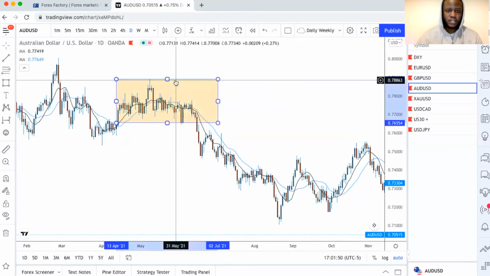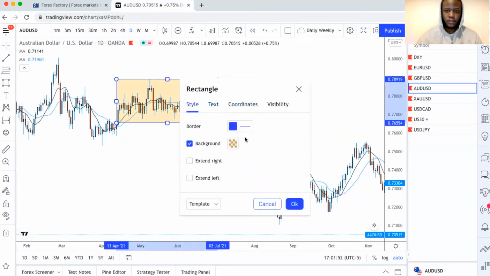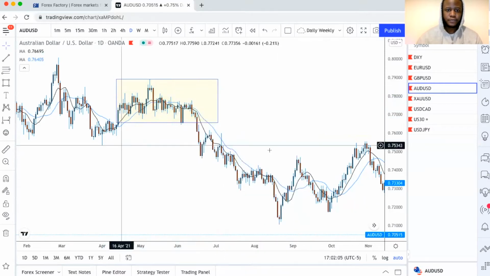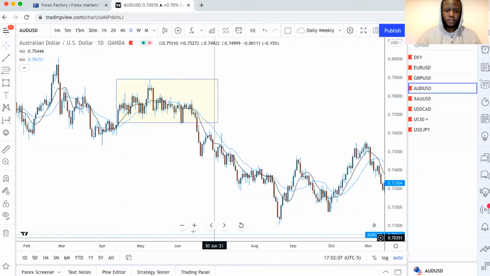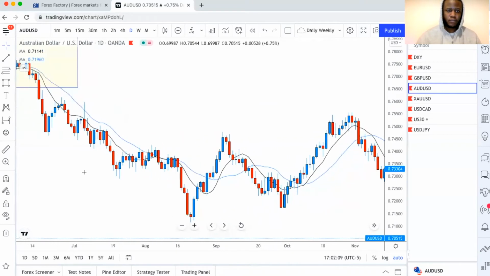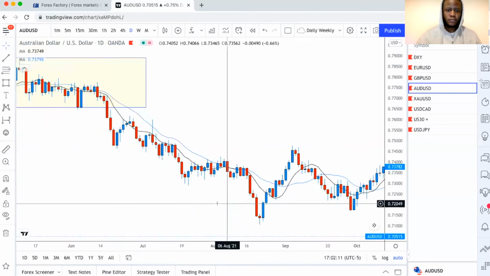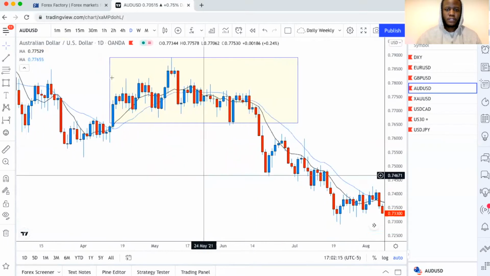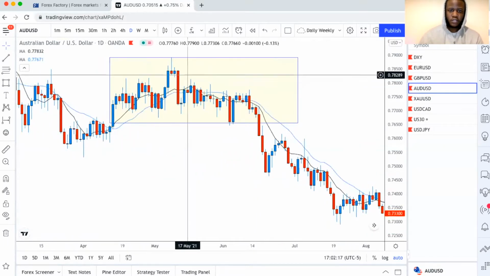Let me change this color so you guys can see more clearly. Zoom in a bit. So this is consolidation. All this is consolidation.